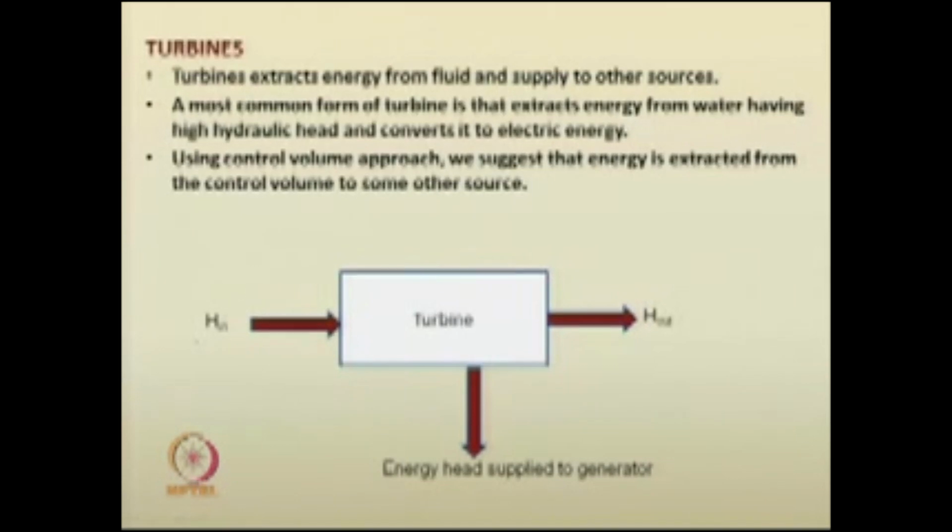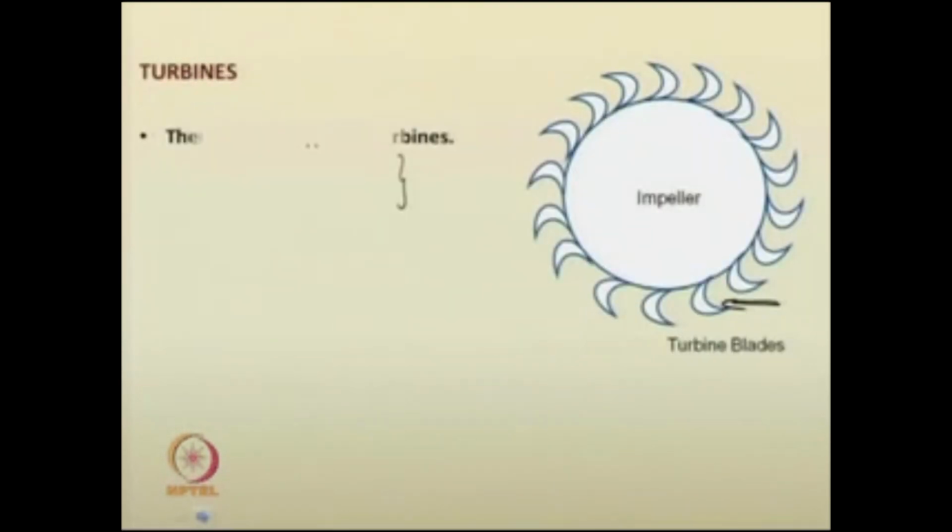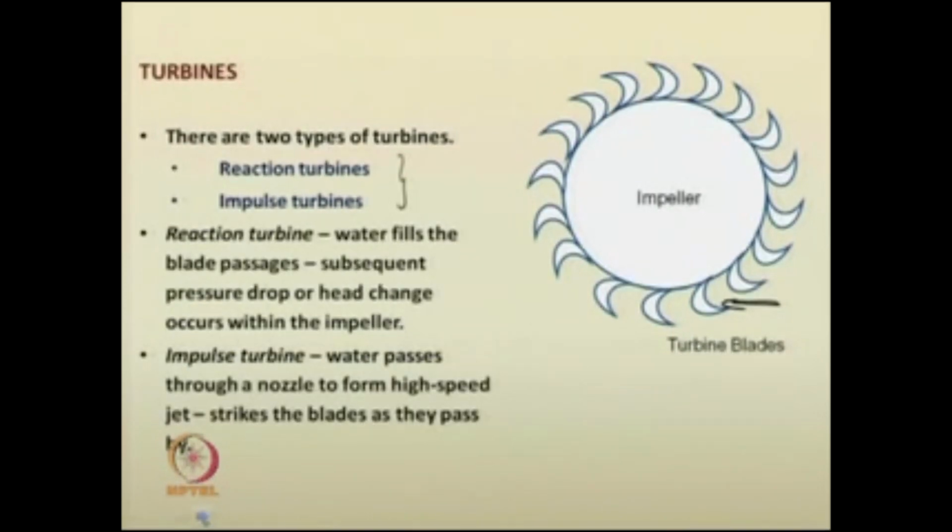You have a sufficient head given into the system as input, and from the output you have a certain head; the system gives certain energy to some generator. This is a simple illustration, and we need to cover almost all of the quantities.